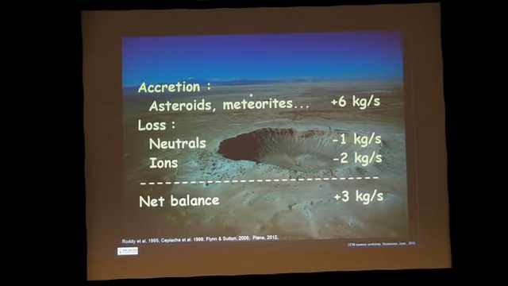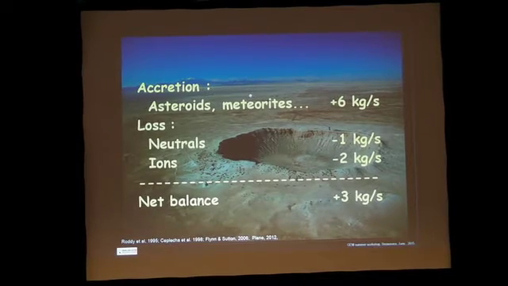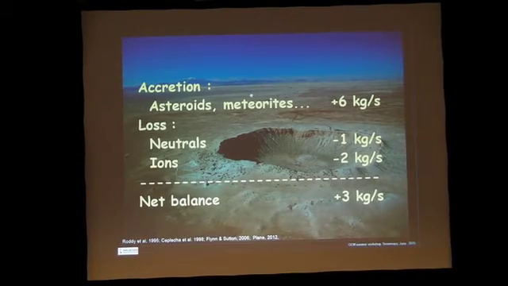The loss is lower, ions a couple of kilos, neutrals perhaps a kilogram. So over time, the Earth is actually gaining mass. So we should not be afraid of the Earth evaporating, not in the near future.